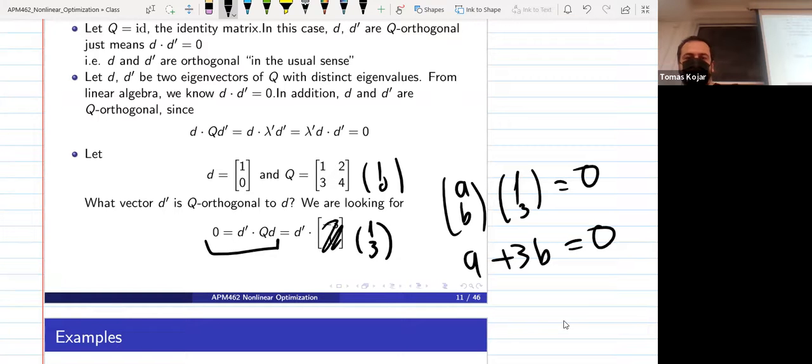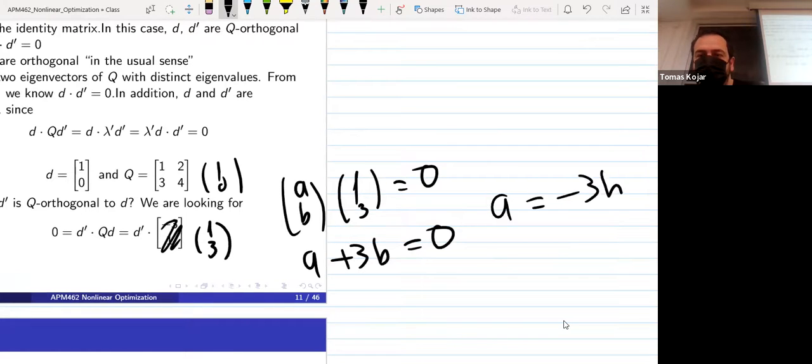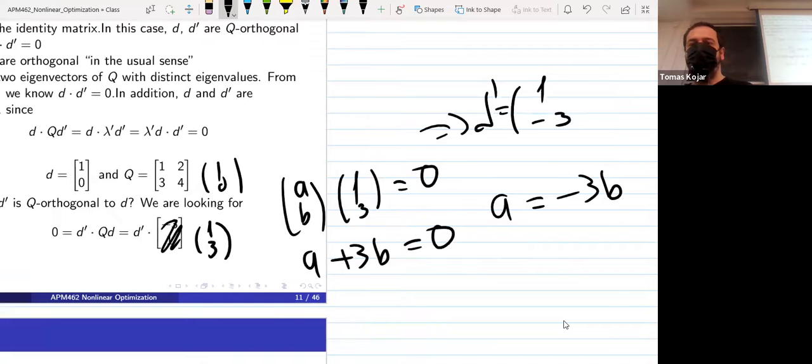So I have a whole family of them. I get a equal to minus 3b. A particular choice is d prime, you can just take it to be (1, minus 3).